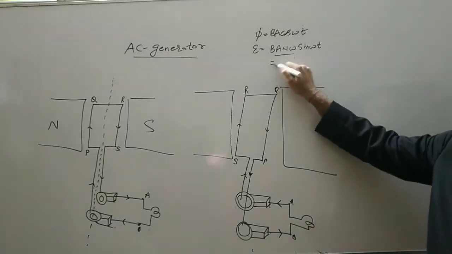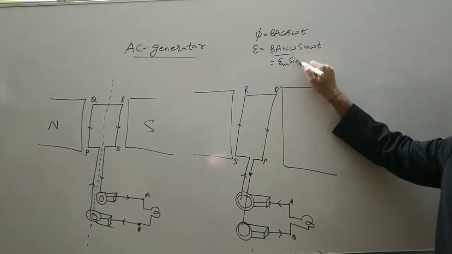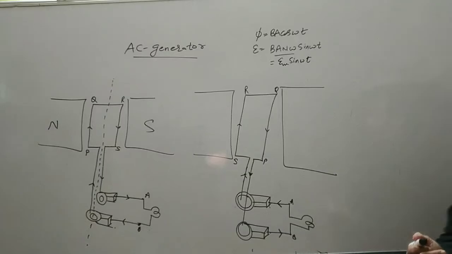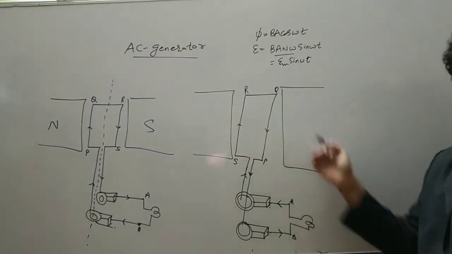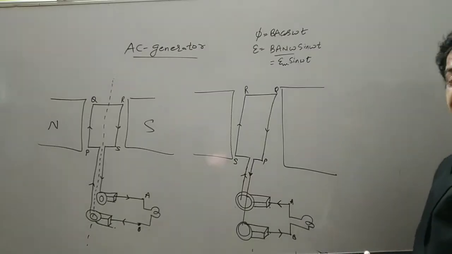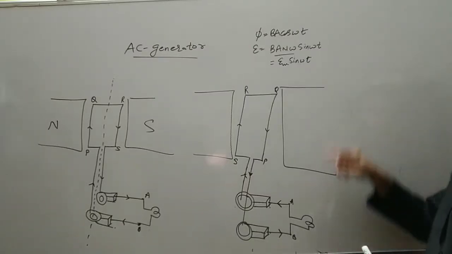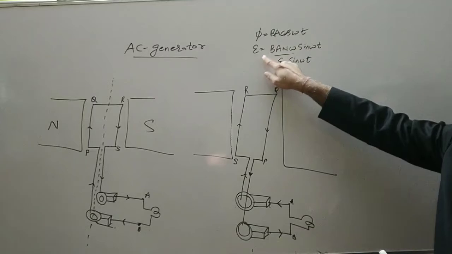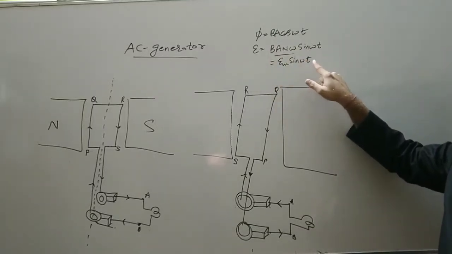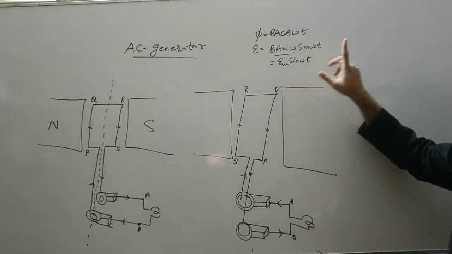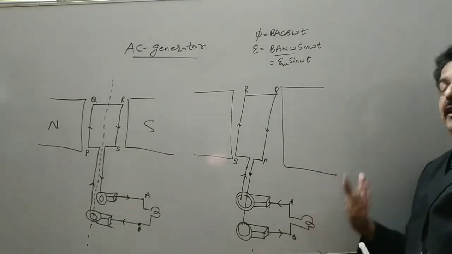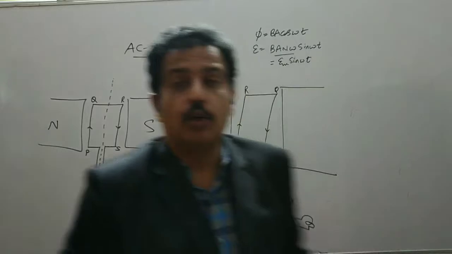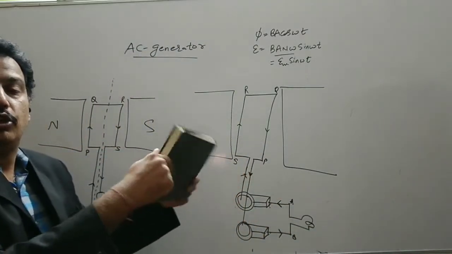This is known as the maximum EMF induced. Now how will the polarity change? After this, we will also plot the graph of EMF induced with respect to time, because flux and EMF induced are functions of sine and cosine, which depend on time. So the value of the flux and EMF will keep on changing because the coil is continuously rotating.